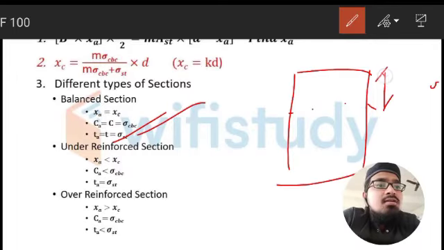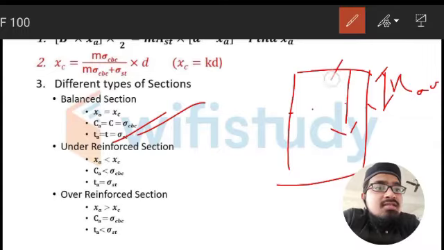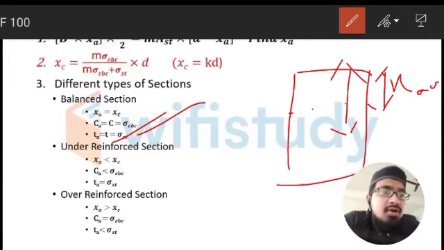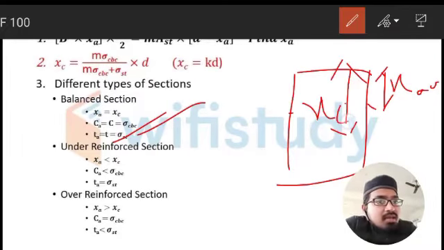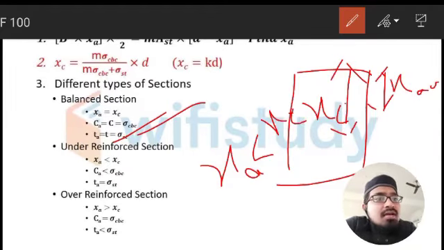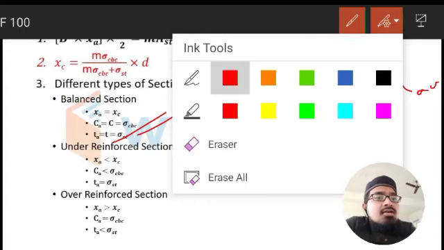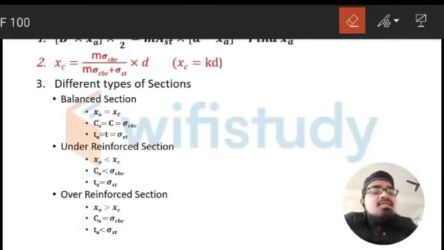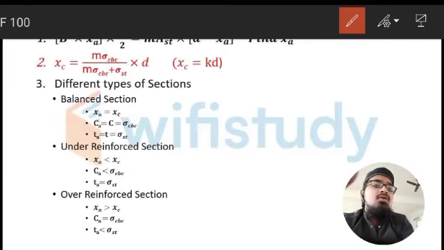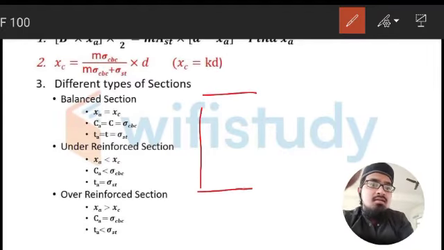The critical neutral axis will be deeper than XA actually. So XA will be less than XC. This is how XA will be less than XC. I hope you understand. Otherwise, I will draw once again. Listen carefully and observe it properly. I will try to draw in a neat manner. Suppose this is the actual neutral axis, and this is the critical neutral axis.